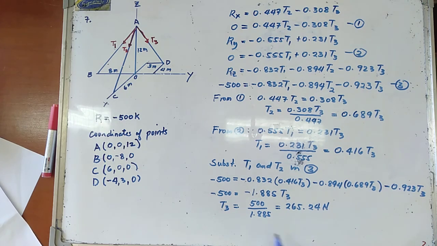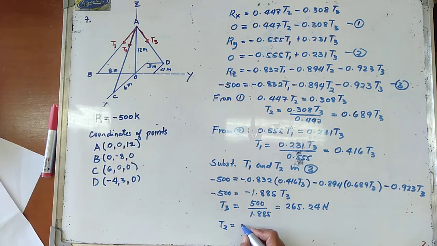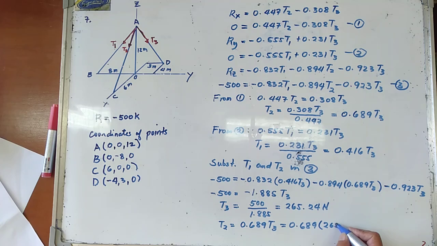265.24 newtons. So we have now your T sub 2 is equal to 0.689 T3, or that is 0.689 multiplied by 265.24.